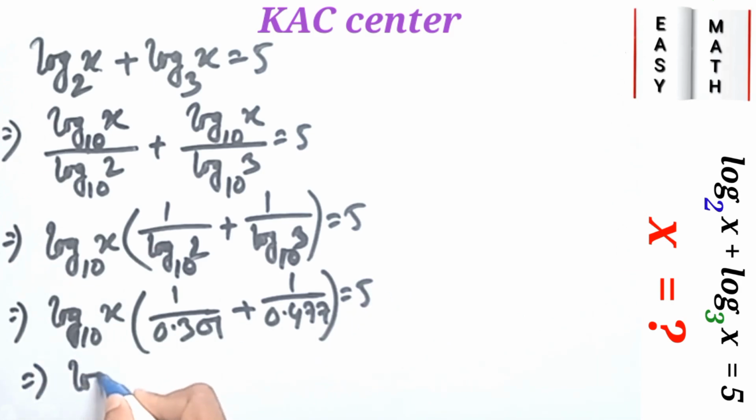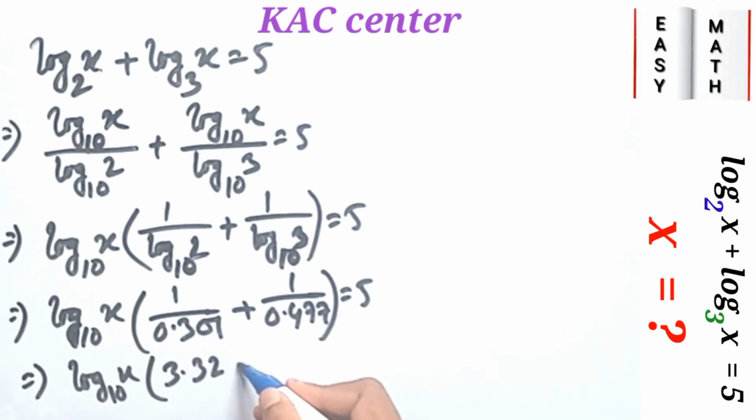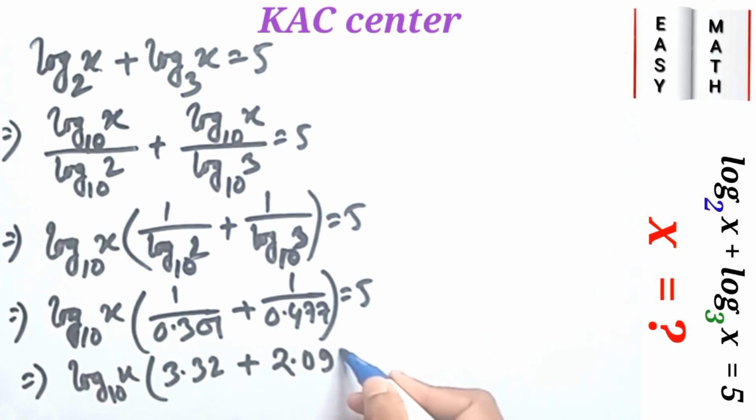So log base 10 of x times 3.32 approximately, and this is approximately 2.096, and this is equal to 5.